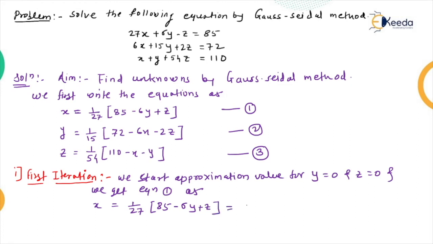With y equal to 0 and z also 0, this is nothing but 85 divided by 27. Therefore the value of x for the first iteration, x1, is 3.15.